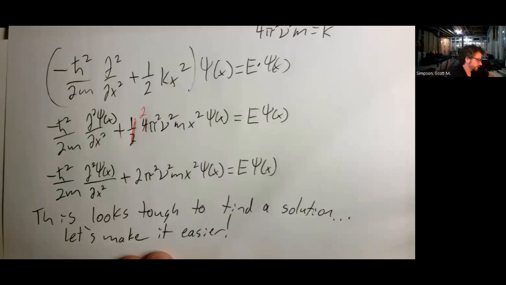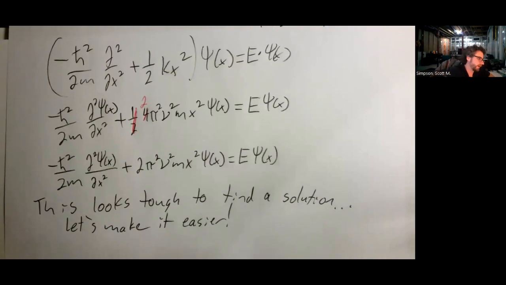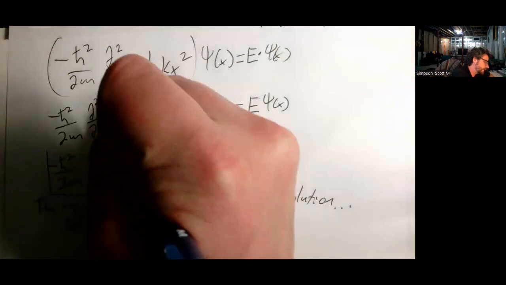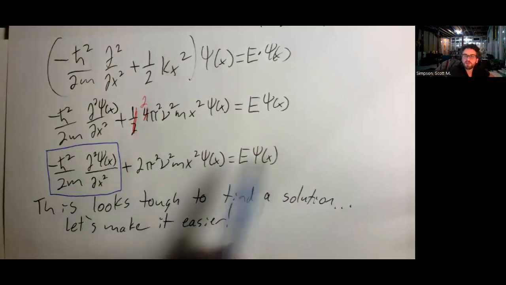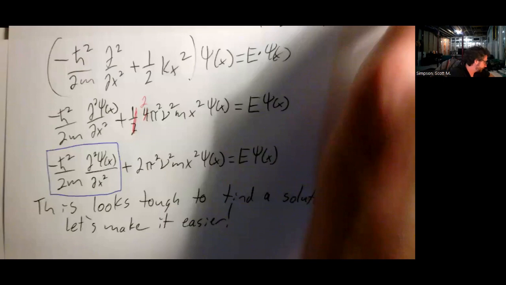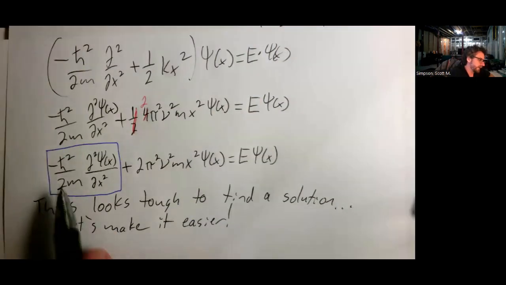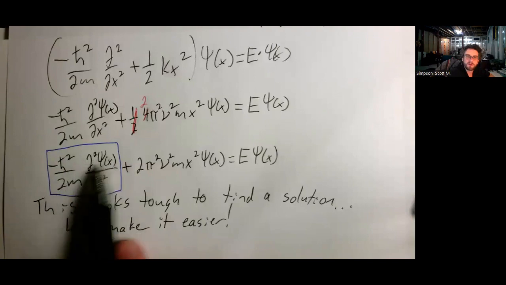Okay, so to do that, what we want to first do is isolate the toughest part. I think this portion over here is the toughest part. Second derivatives can be difficult to deal with, more so than just having a function hang out. So let's get this thing by itself, meaning we're going to have to move this away from this term.